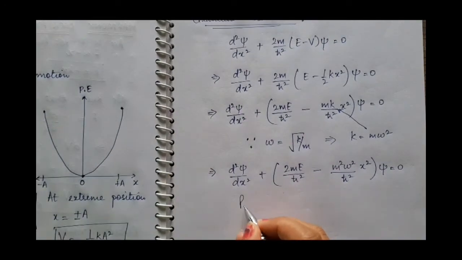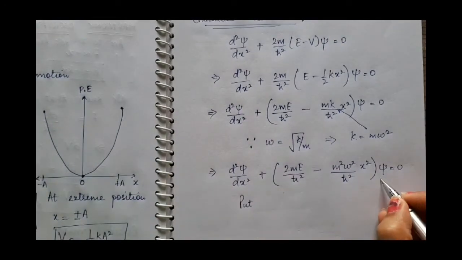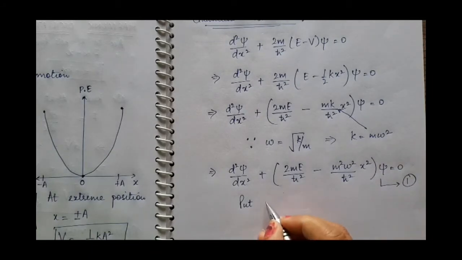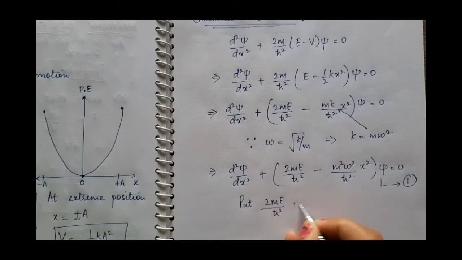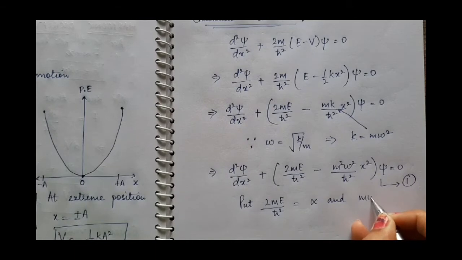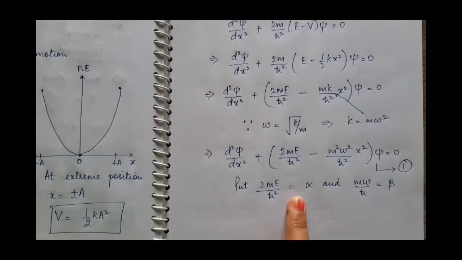Now suppose this is your equation number 1, and now put 2mE by h cut square equal to alpha, and m omega by h cut equal to beta. Put both these values in equation 1 and suppose this is equation 2.